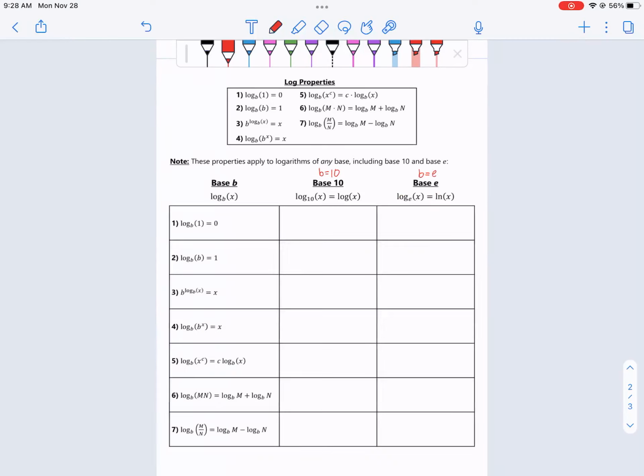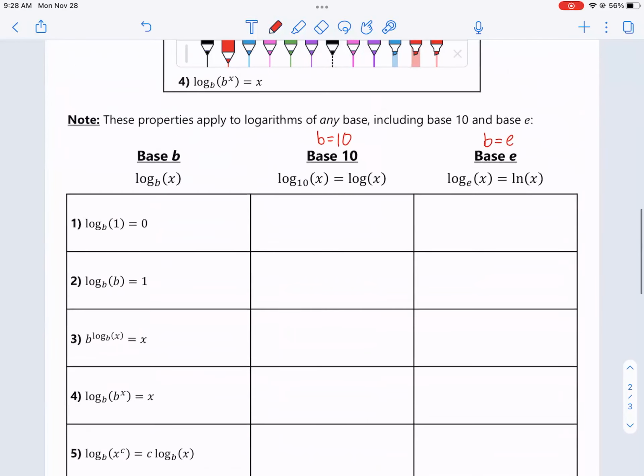So these look a tiny bit different with these different bases over here. Let's just write them out quickly. So log base b of 1 is equal to 0. If we did that with a base 10 log with the log notation, that would be saying that log of 1 is 0. Log base b of b is equal to 1.